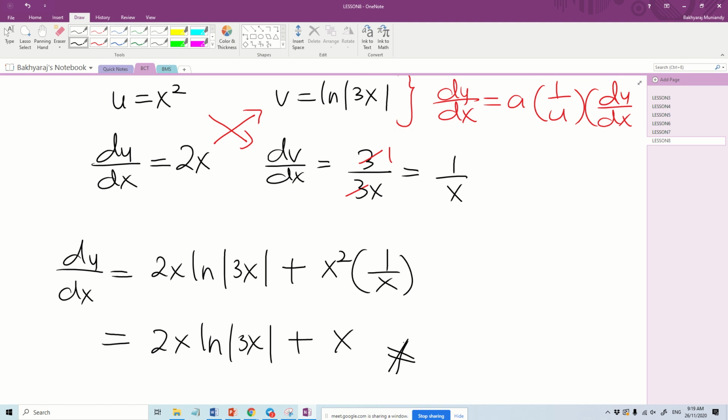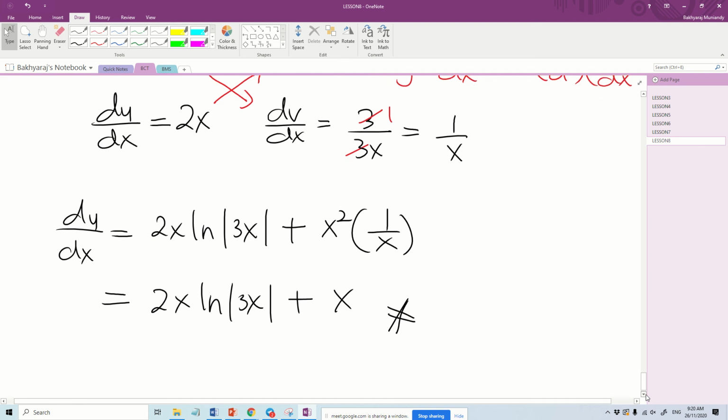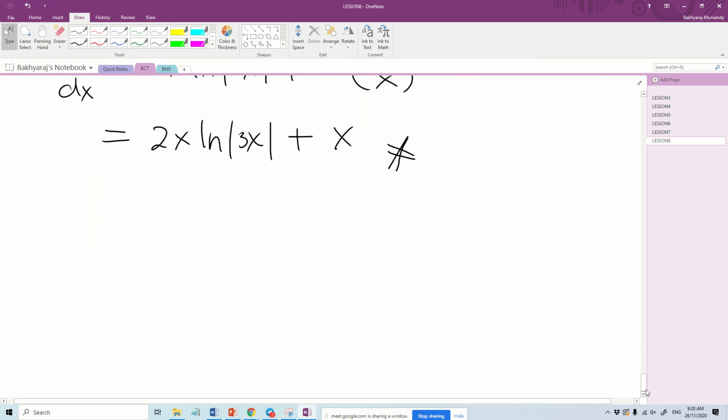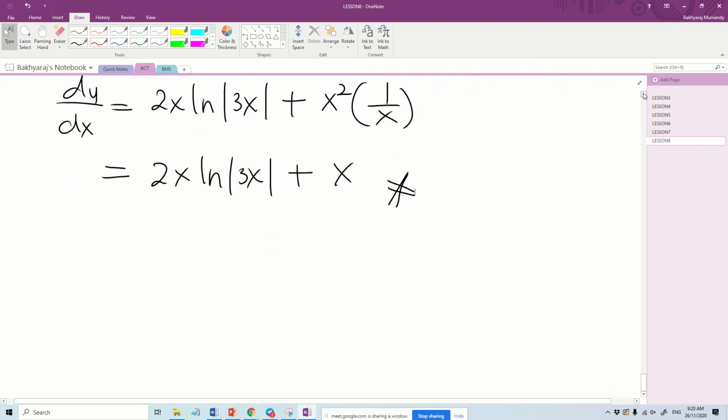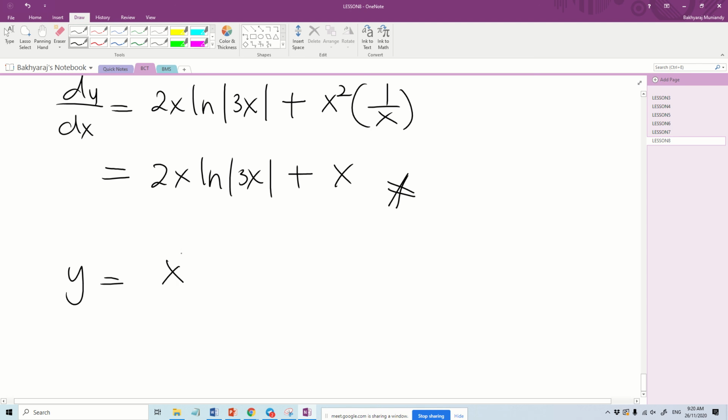I think I give you one more question lah. Sebab tu ada soalan untuk quotient. I give you one more question for quotient. So I give you y equal, let's say, x square over log x.